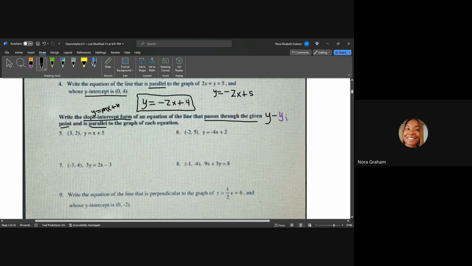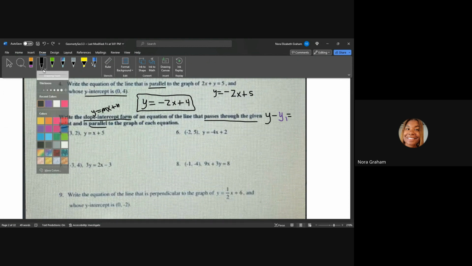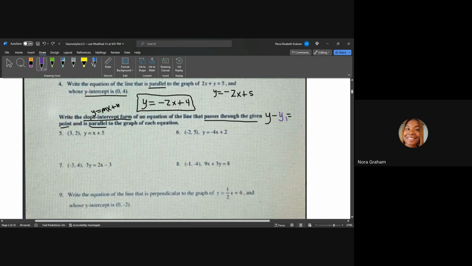All right. Equals m. M is our slope. My apologies, we substitute in our slope, m. And then we put in parentheses x.